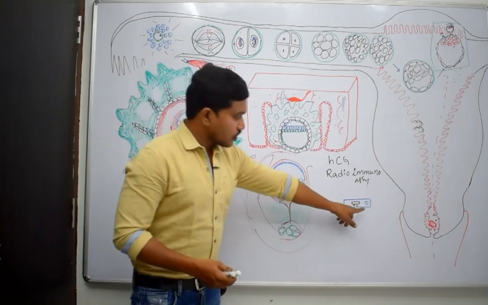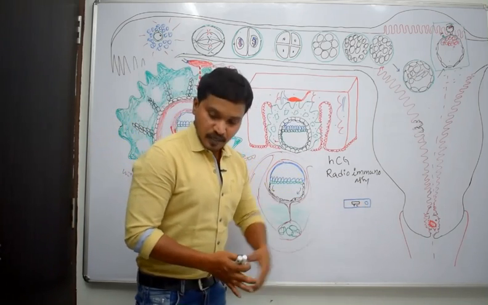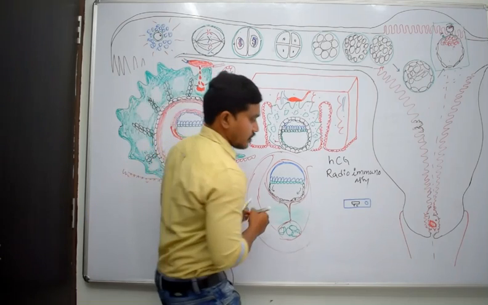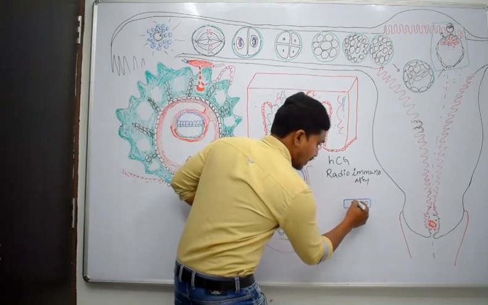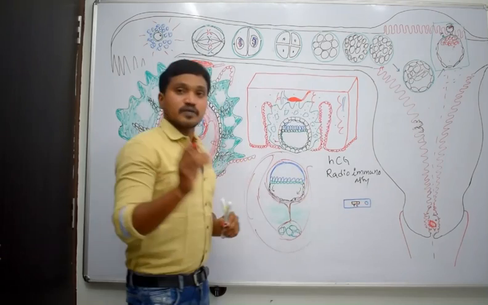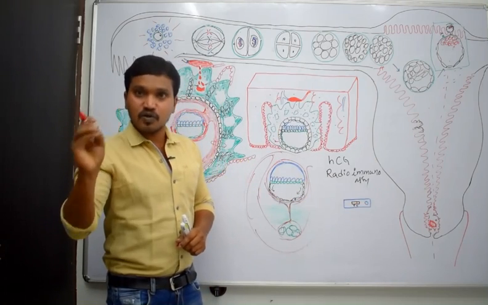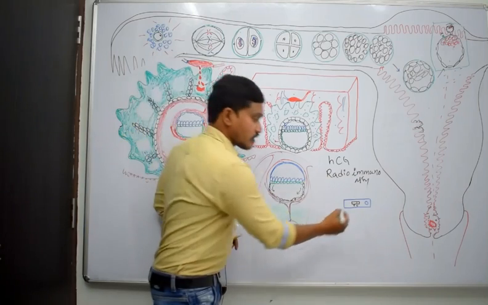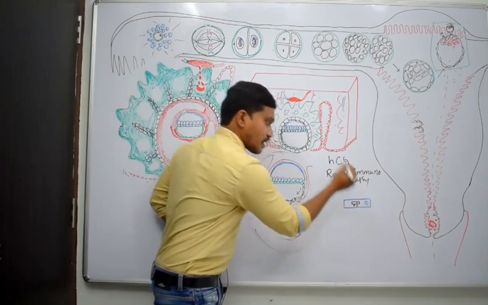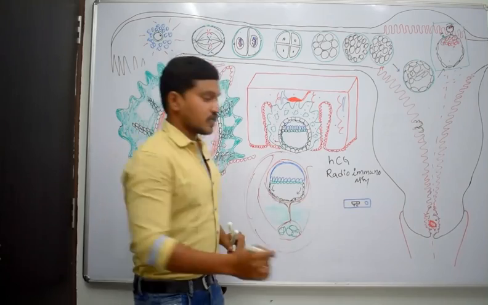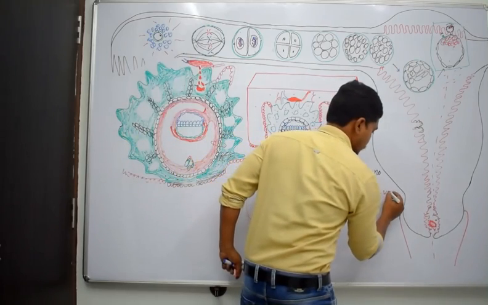If you put a few drops of urine here, you can identify one line if that particular woman is not pregnant. That means if there is no HCG within the urine, you can only observe one line. That means control, that test is negative.